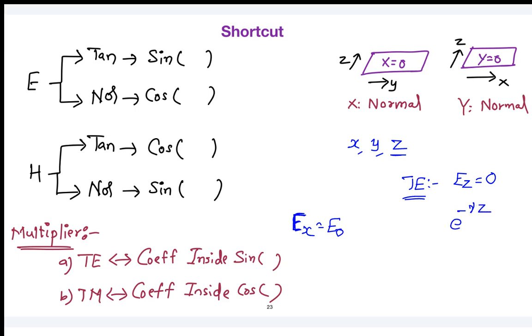It is a tendency of any electromagnetic wave. As the distance progresses, it has to exponentially decrease. So you have already written the variation of z. Is that part clear for everybody?